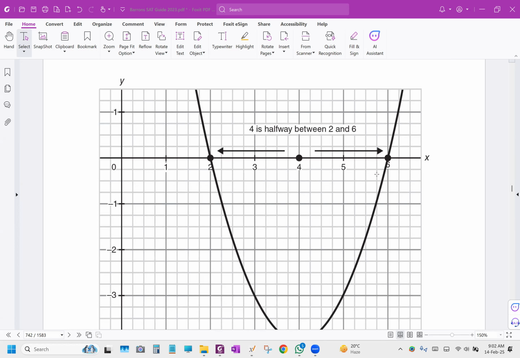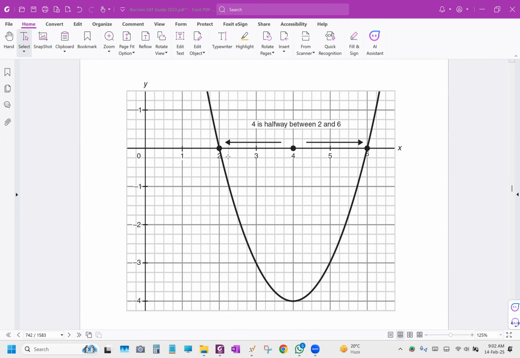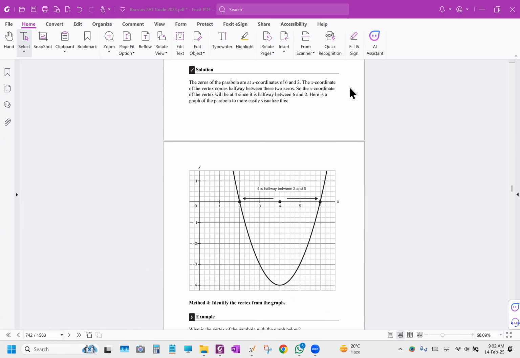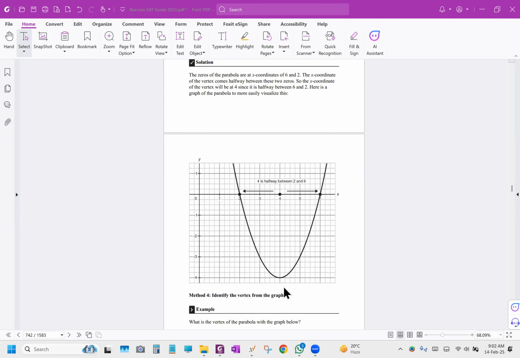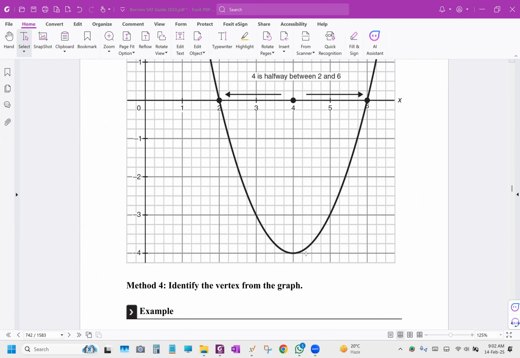And the vertex would be the middle point, the halfway between these 2 points. You can just sketch like this, but this won't give you an exact good solution, because you really don't know the exact vertex coordinate for this parabola.